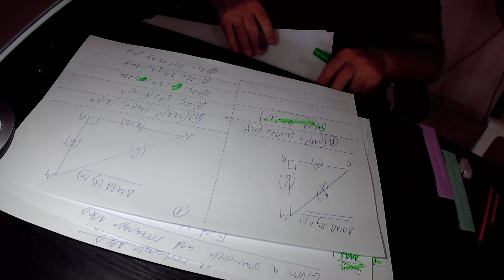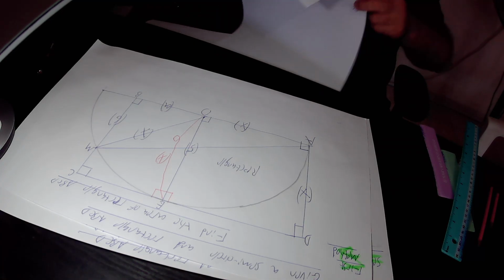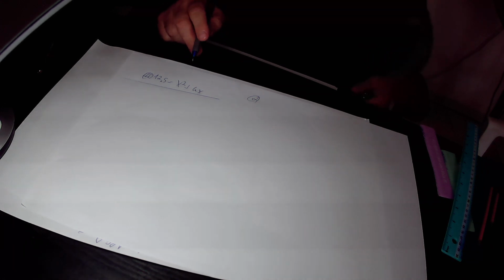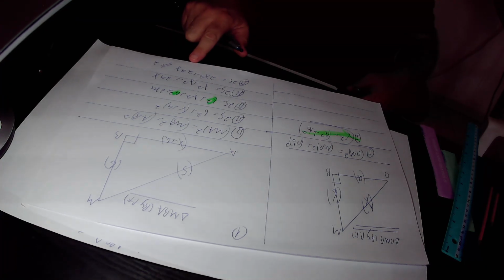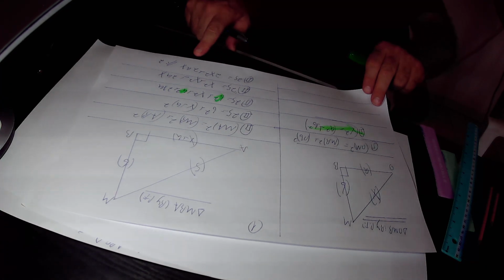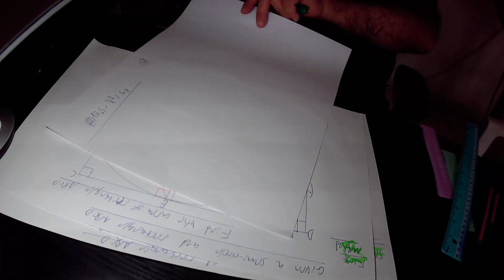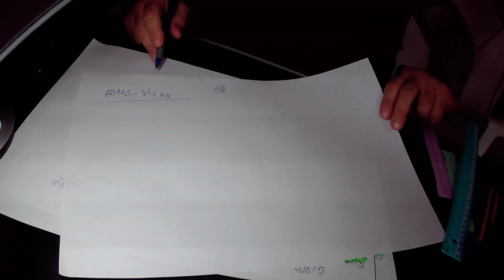So in total, according to equation 2, we found out that 12.5 equals X square plus AX.